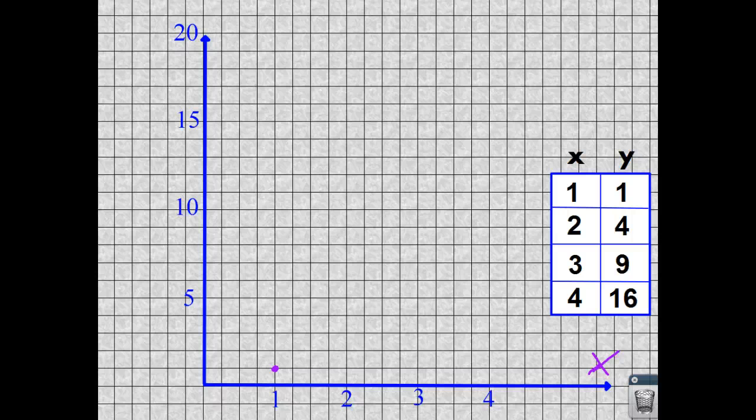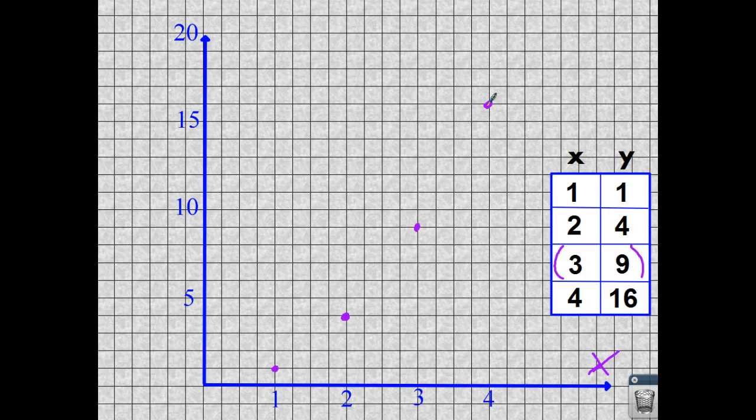Our next one is going to be 2, 4. So I go over 2, 1, 2, 3, 4. 3, 9, 3 up to, where's 9? Right there. 4, 16. So we go up 4. There's my 15, and then one more is 16.